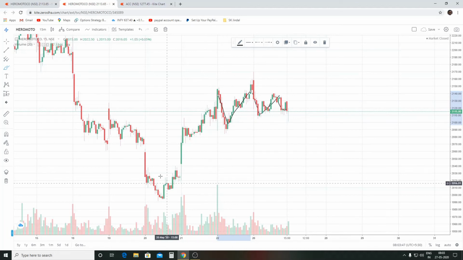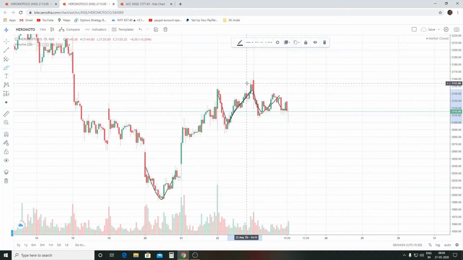Then you can see this one. And on a similar note, for resistance, you need to see an inverted U or inverted V, most visually appealing. So you could check out that this one is the most visually appealing inverted V or U.